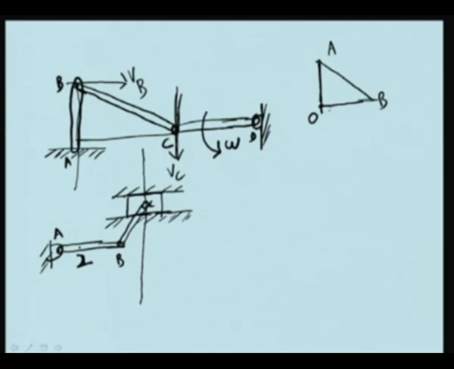Similarly, here I draw perpendicular to the velocity which is along VC. These two meet at the point O. Therefore, in this case, O is the instantaneous center of rotation.